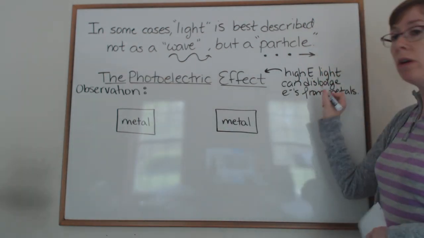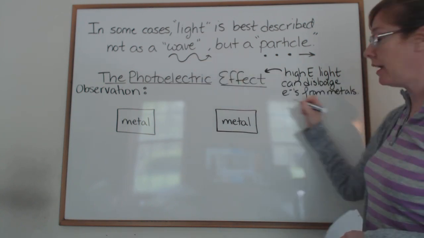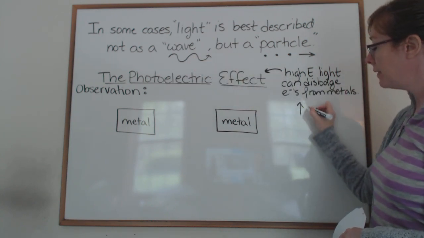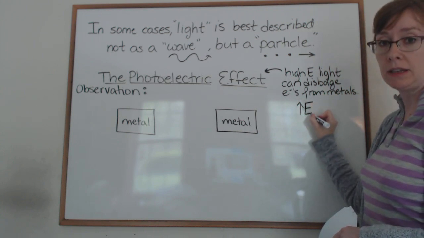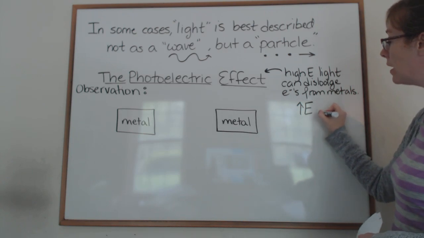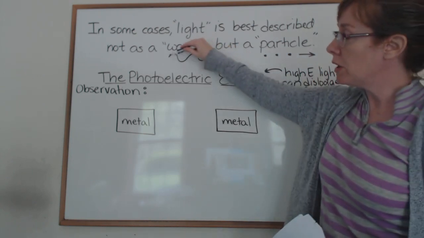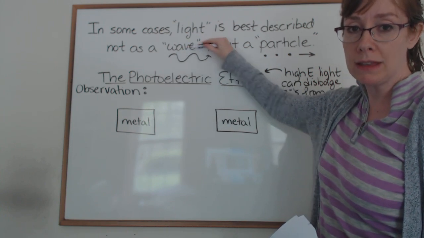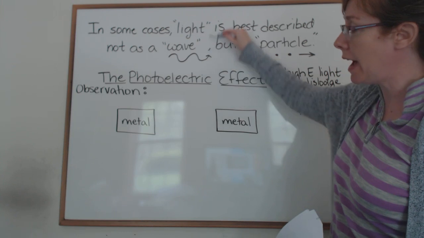Now let's remember something about what we learned about waves. What we learned, and we had this on the previous slide, is that high energy light can be accomplished through two mechanisms. You can have high amplitude waves, where maybe your wavelength is long, but if your amplitude is really high, that should give you high energy waves.